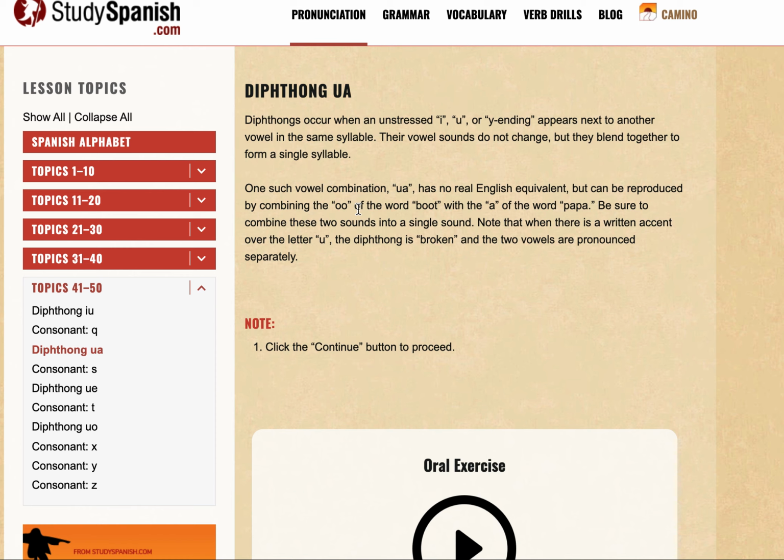So this means you're combining the sound of OO and the A of the word papa, right? So be sure to combine these two sounds into a single sound. Note that when there is a written accent over the letter U, the diphthong is broken and the two vowels are pronounced separately.